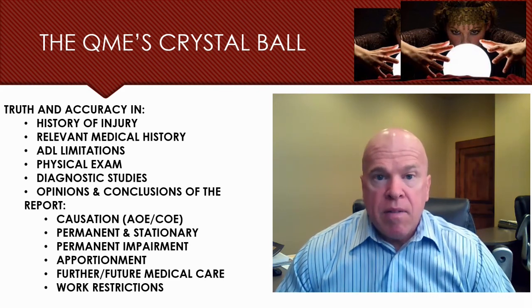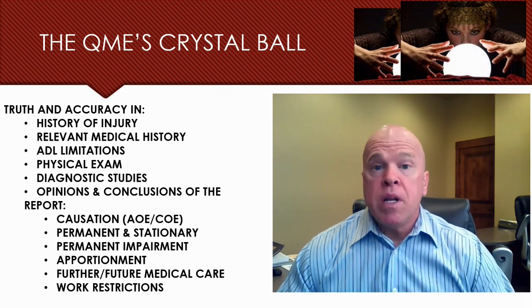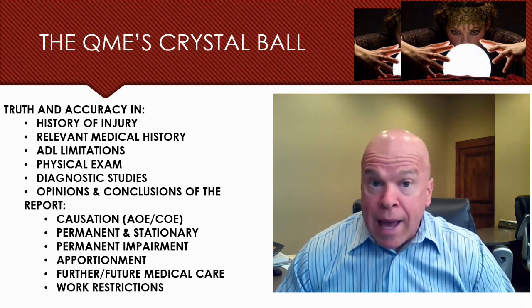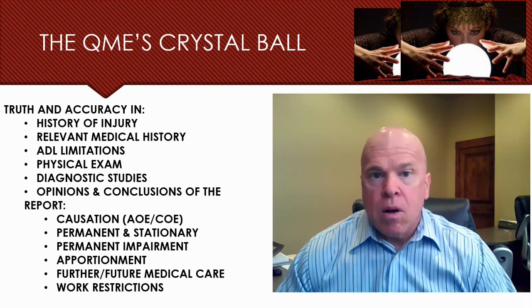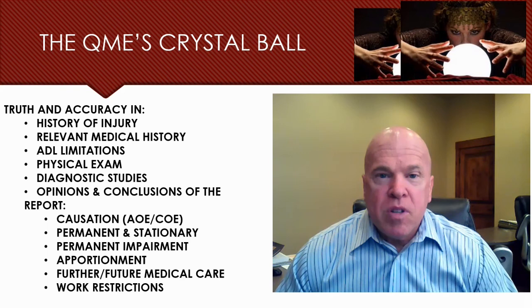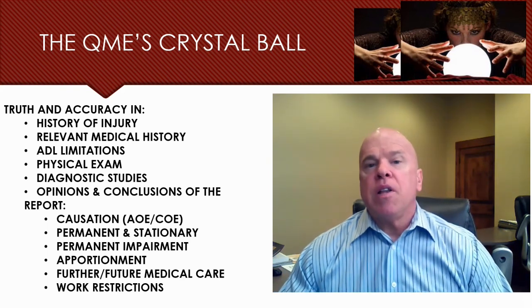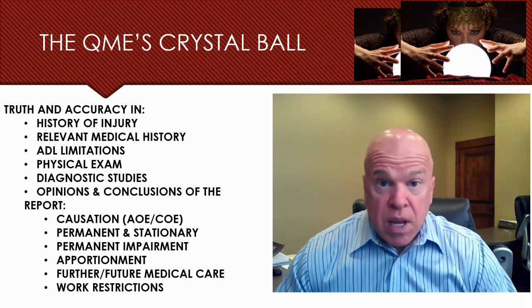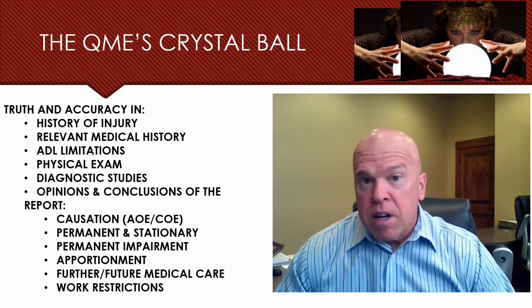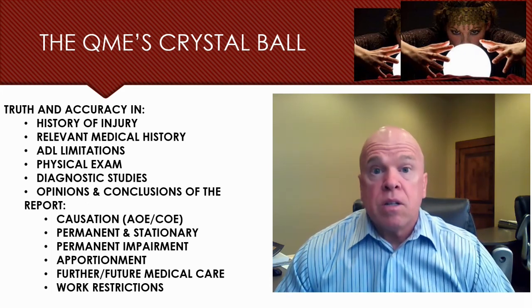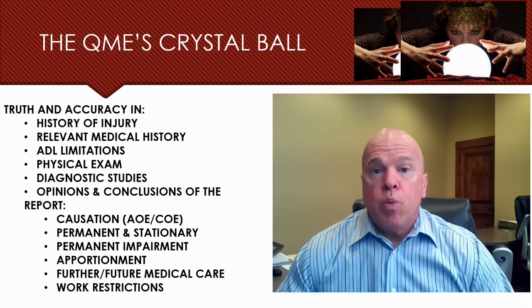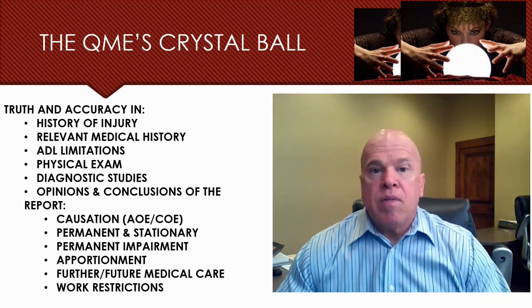They simply have no incentive to be accurate historians, and they have every incentive to downplay or to forget prior medical history as relates to injuries and medical treatment to the same or similar body part as that involved with the current claim for industrial injury. They simply have no incentive to recall these important facts, and they have every incentive to neglect to remember these important facts. So we need to know this going into the qualified medical evaluation.